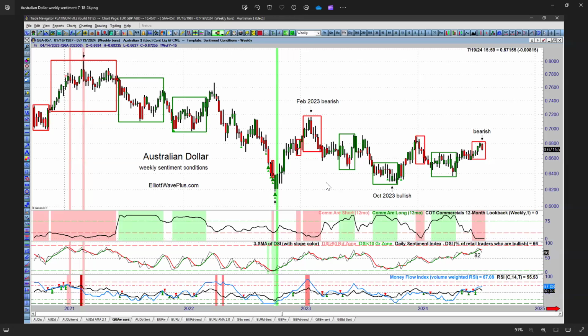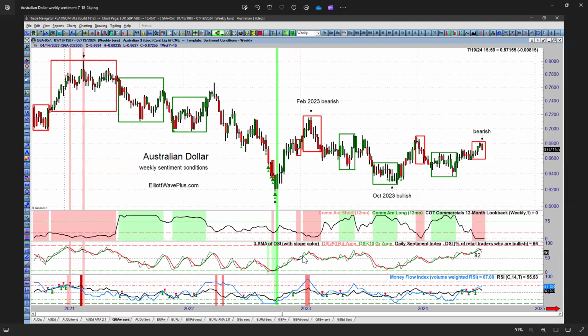And when there are extremes in sentiment on retail positioning versus commercial positioning, that is what this template points out. And these almost can be traded. These times where commercials are heavily short and retail is heavily long. And what that means almost every time is that commercials are going to be right. Retail is almost always way over on the wrong side of the boat at trend changes.